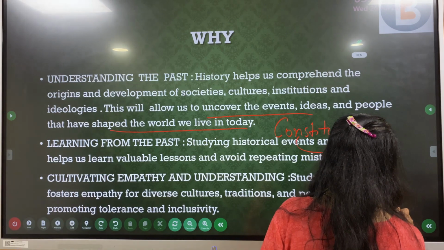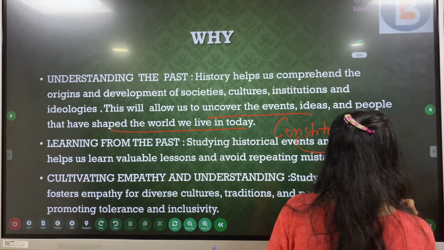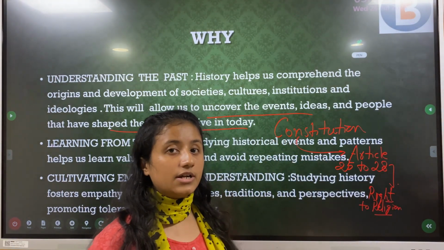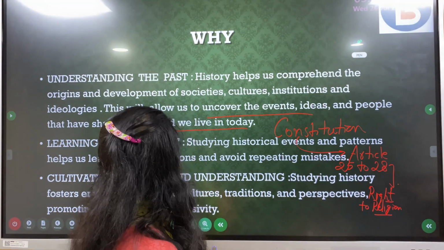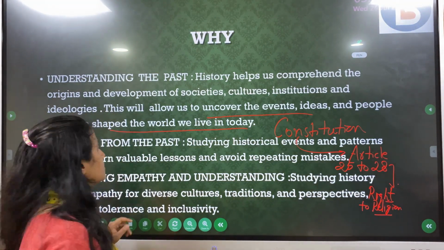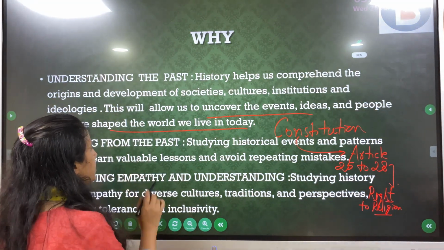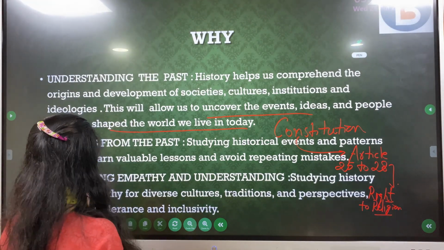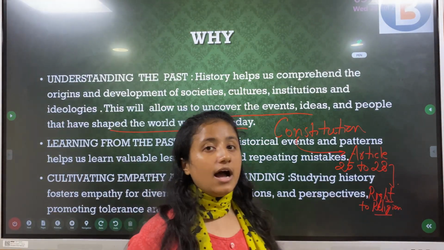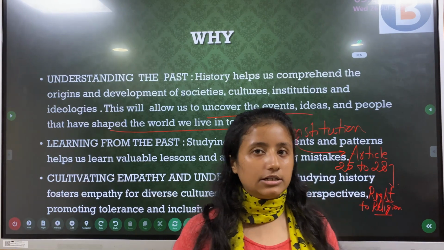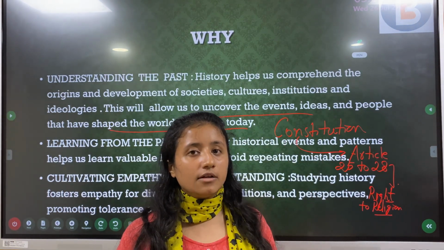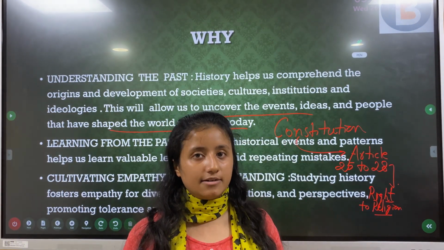Right to religion, so that such events will never repeat in the future. Understood? Got it? Next one is cultivating empathy and understanding. We have already learned learning from the past. Now, cultivating empathy and understanding.